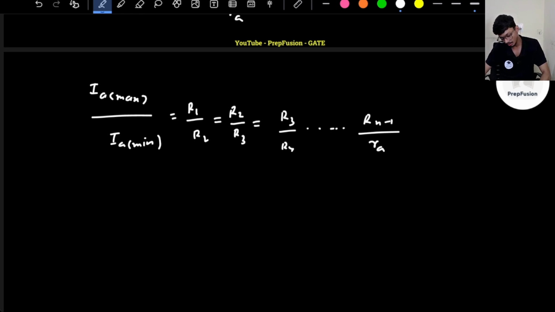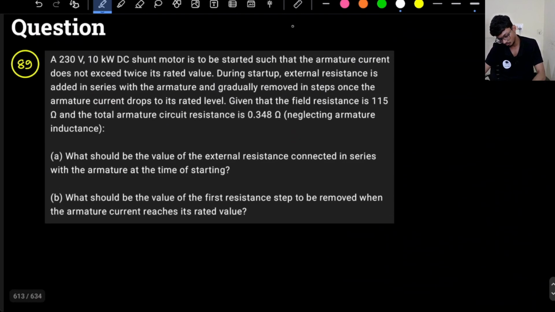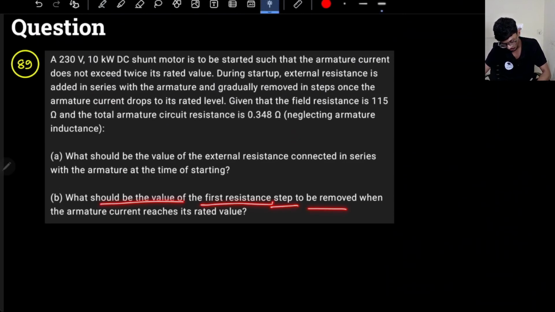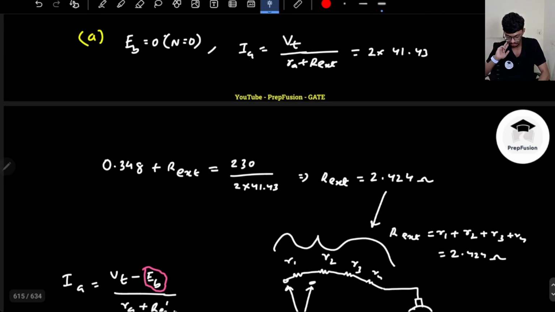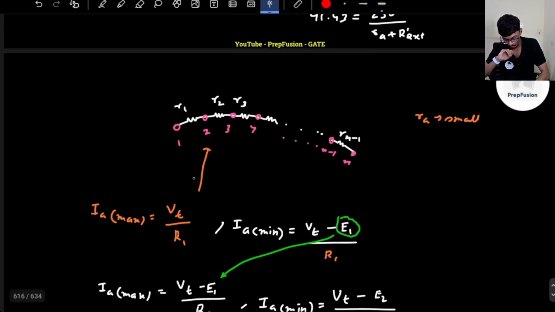Okay, so in our case we'll use this, because they have told me what should be the value of the first resistance step to be removed when the armature current reaches its rated value. So if I am moving my handle from the first step into the second step, that means I'm cutting R1 resistance, right?